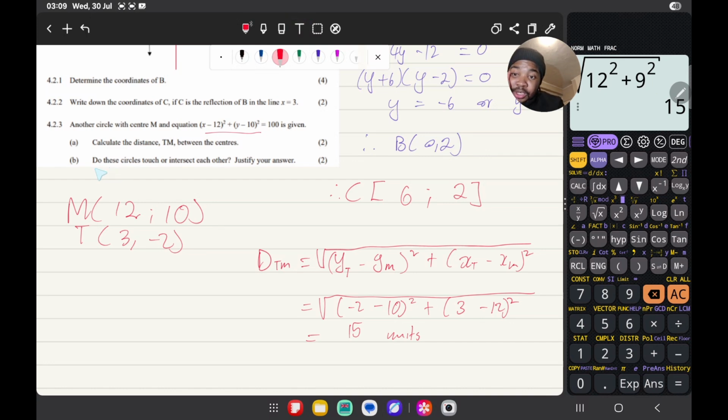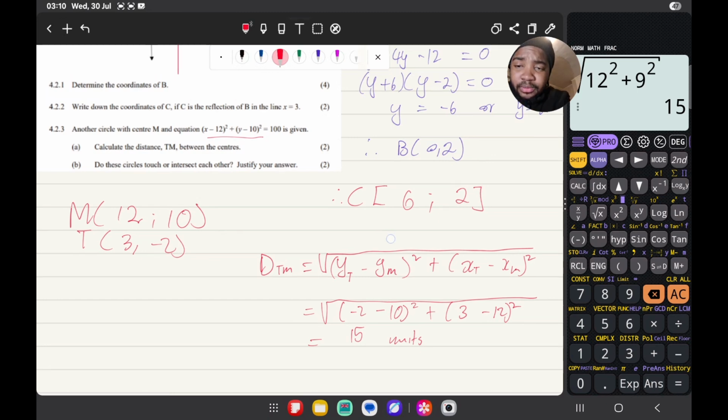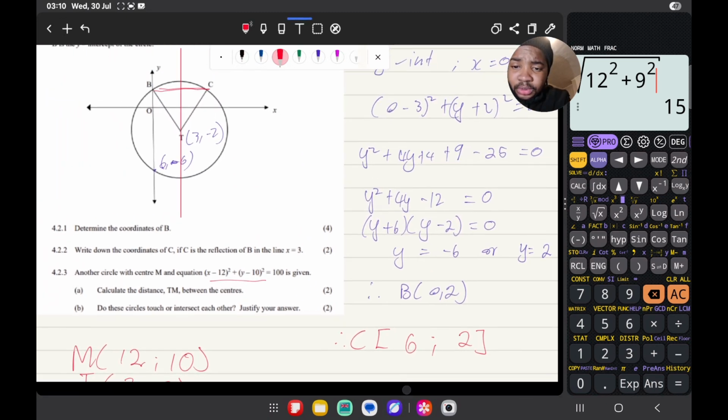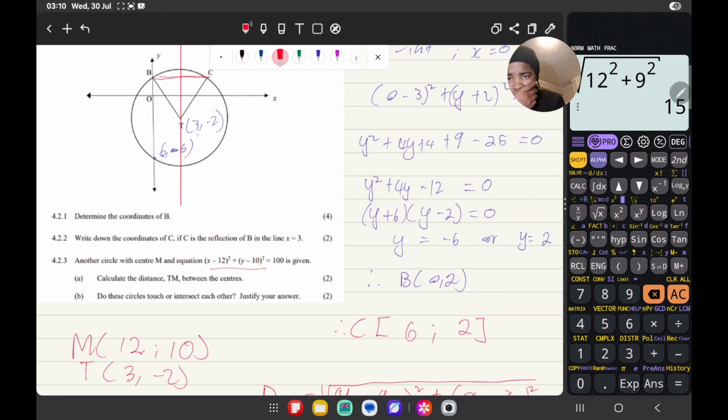And then they ask a question: do these circles touch or intersect each other? Right? And we have to justify. Cool. So you see the point here is 3 and 2, and the point here is 3 and minus 2.